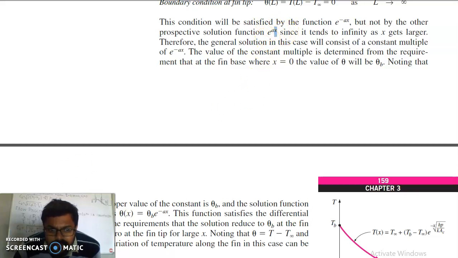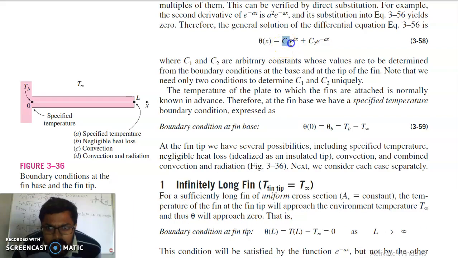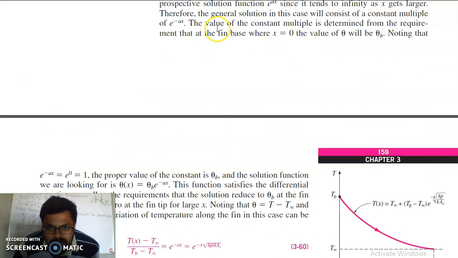So in this case, this component we have to remove. So the solution in this case is a multiple of e raised to power minus ax, and we have to find C2. The value of constant multiple C2 is determined from the requirement that at the fin base, where x is 0, the value of theta will be theta b.